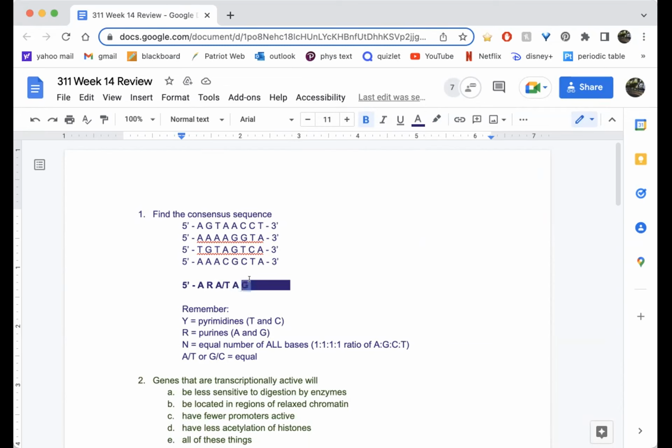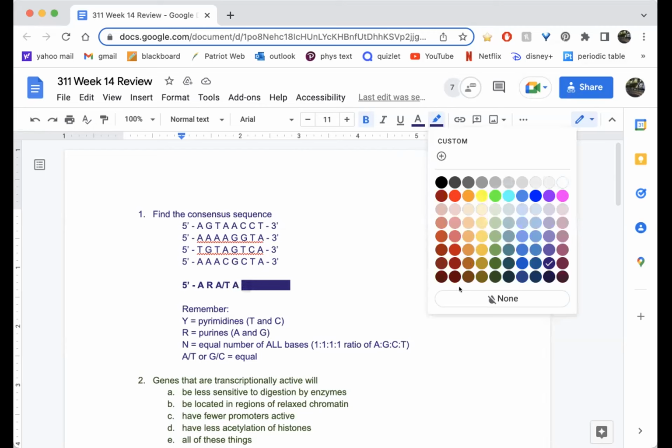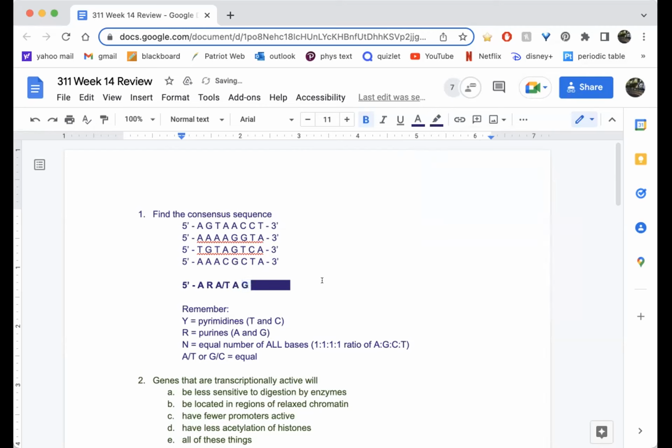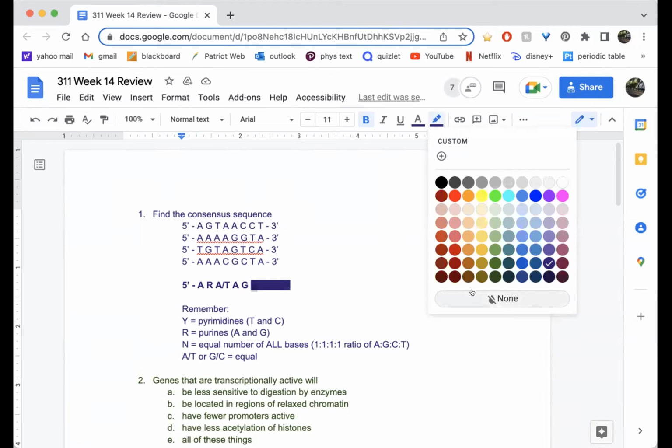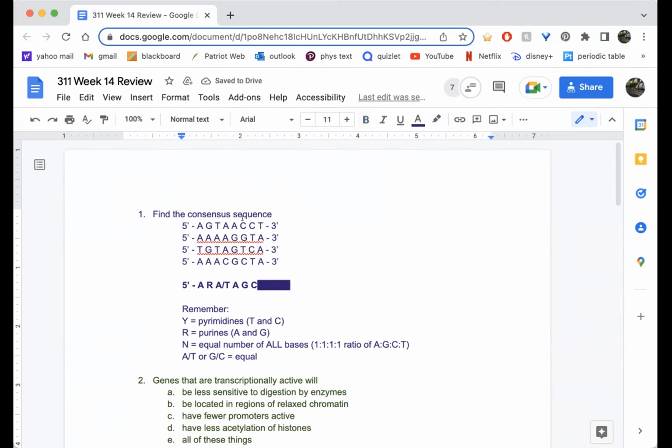Yes, G. And then next we have C, G, T, C. So what do we think for that one? Yes, so we would put C because while you have 3 different bases that show up, you still have more C's than the other two because you have two C's and you only have one G and one T. So that's why we get C here.